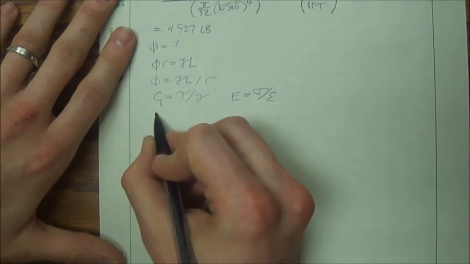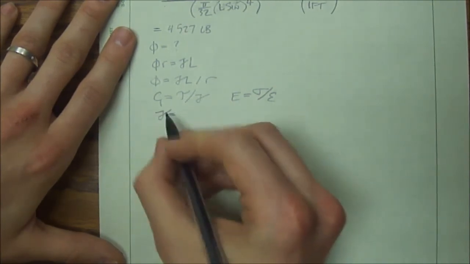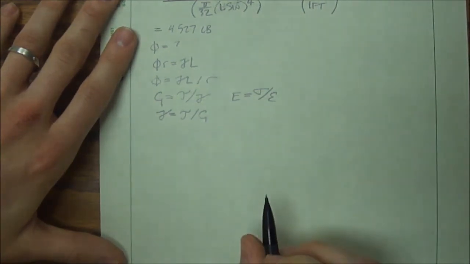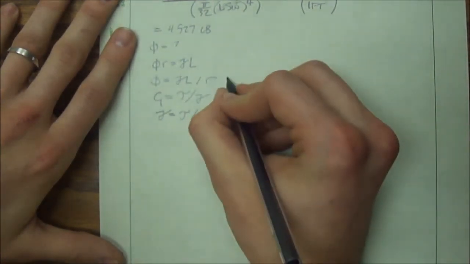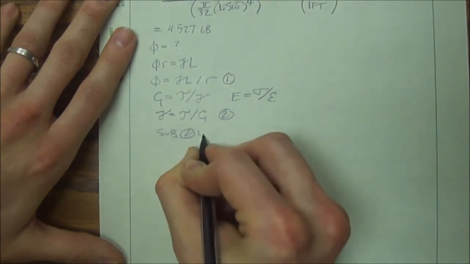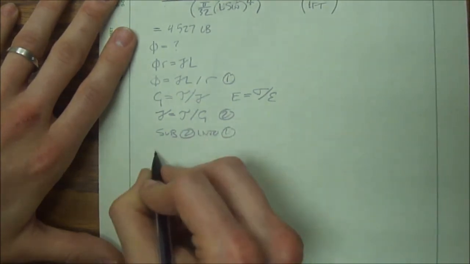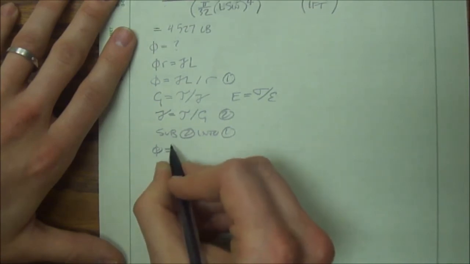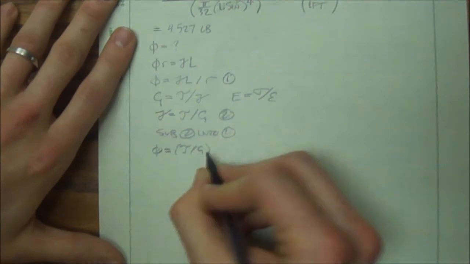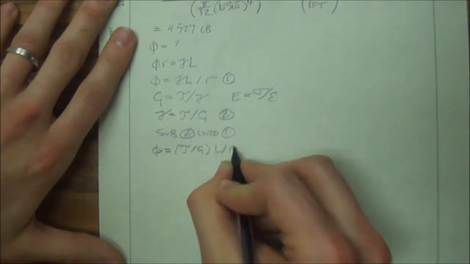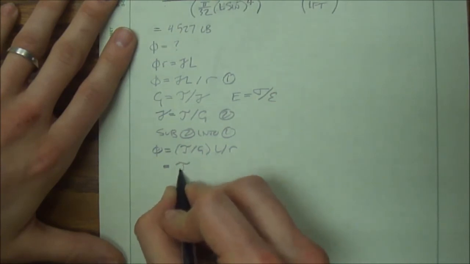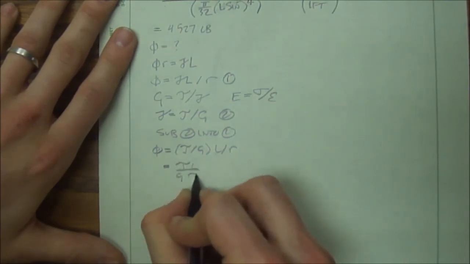Now I could solve this formula for our shear strain, and I get stress over my shear modulus. Now if I label this 1 and 2, I sub 2 into 1. I get phi equals tau over G times L over R, and that gives me tau times L over GR.